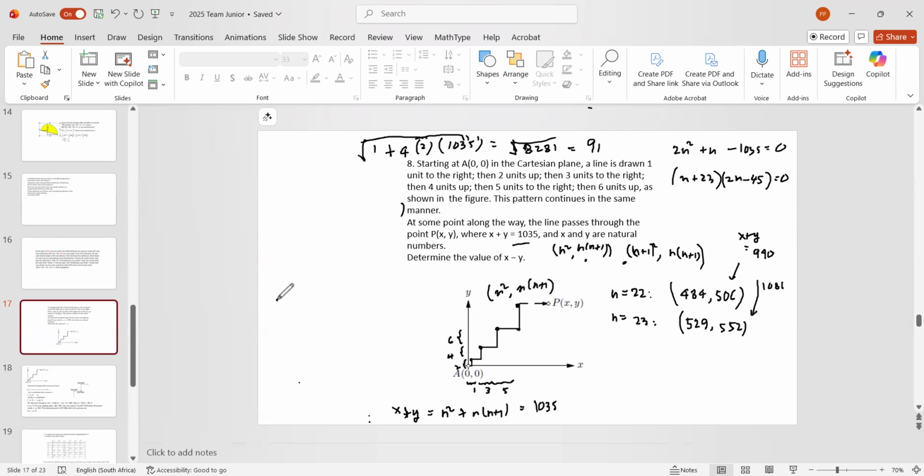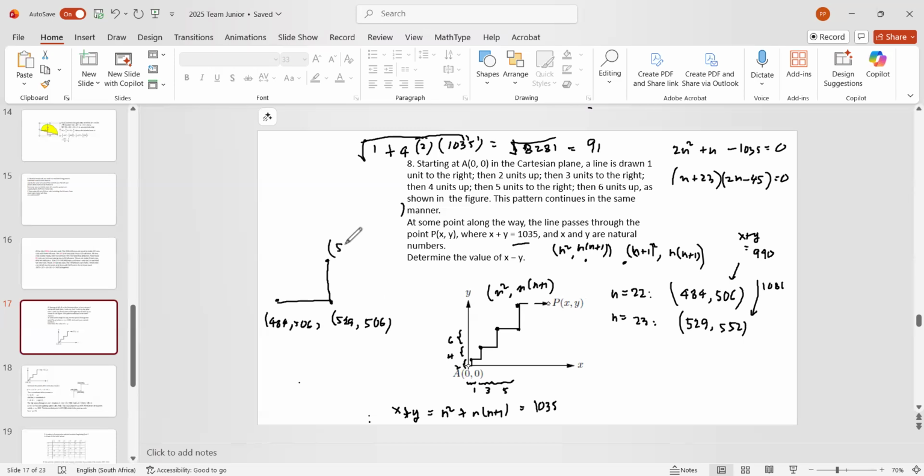So what do you have? You have a point here which is coordinates of 484 and 506. And when you go horizontal here, the x value changes to the next one, 529. The y value still remains the same, and then it goes upwards.